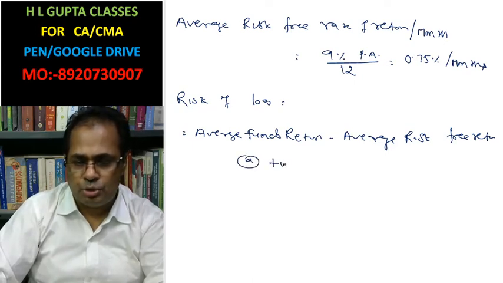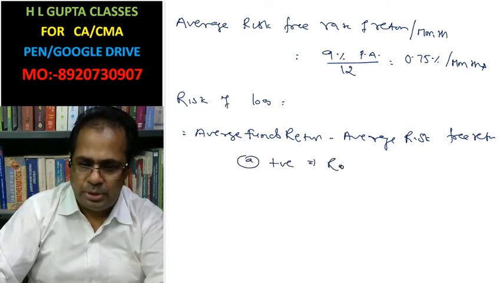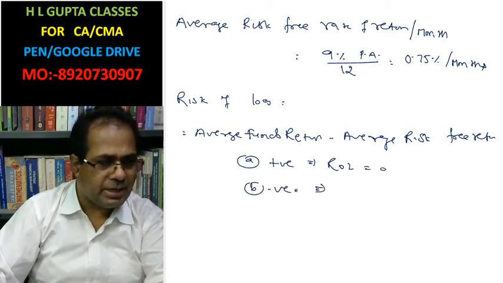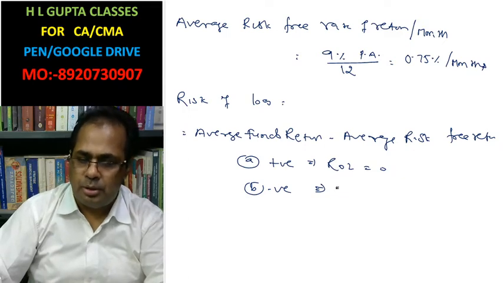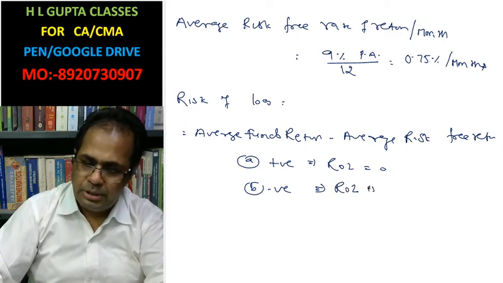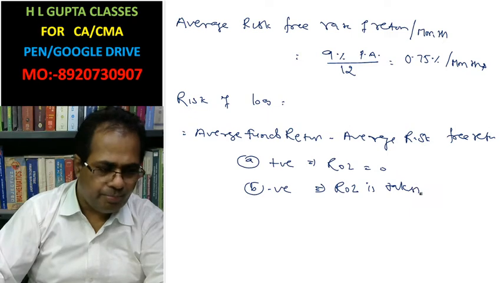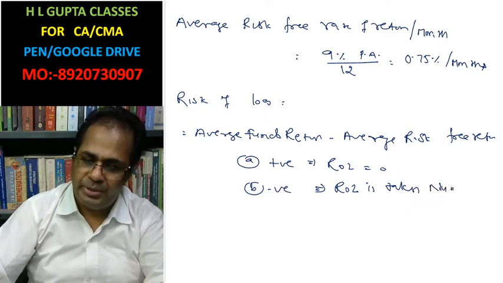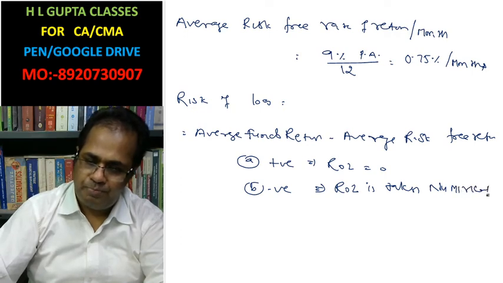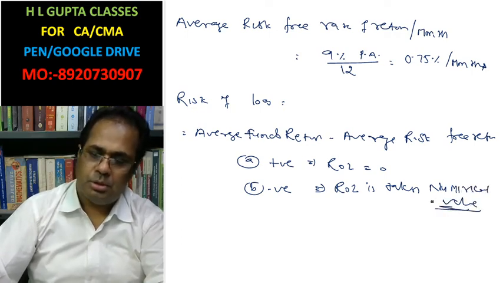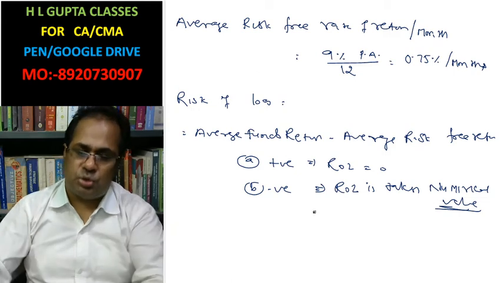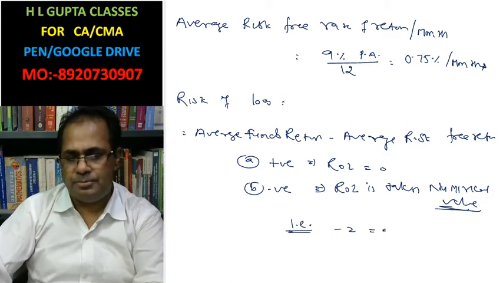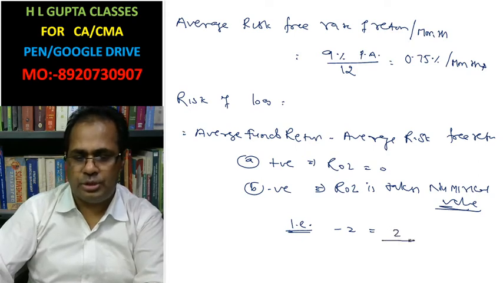In the case of positive, risk of loss is 0. In the case of negative, risk of loss is taken as the numerical value. Numerical value means if it is minus 2, then it will be 2. Risk of loss is 2.